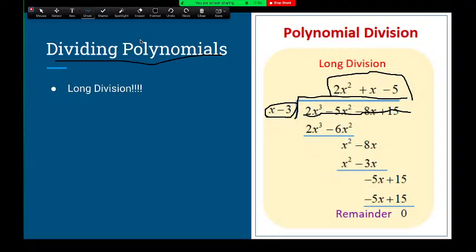So dividing polynomials is basically long division? Yeah. I don't remember. It's something like divide and then multiply and then. Does anybody remember this thing for long division? I don't remember.